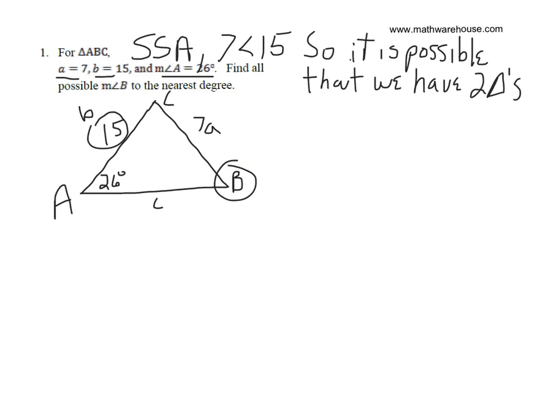Now let's find angle B. The sine of angle B over 15 has to equal the sine of 26 over 7. I'm going to multiply both sides by 15.